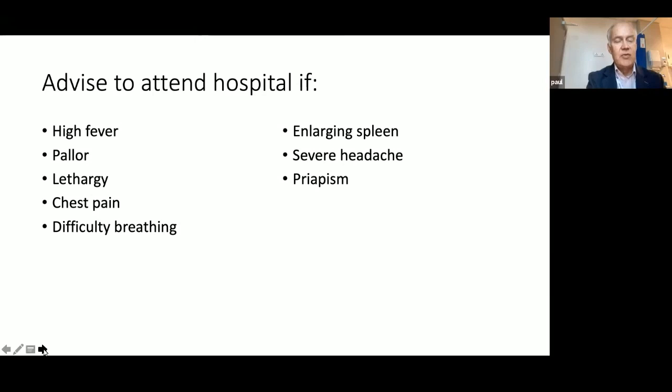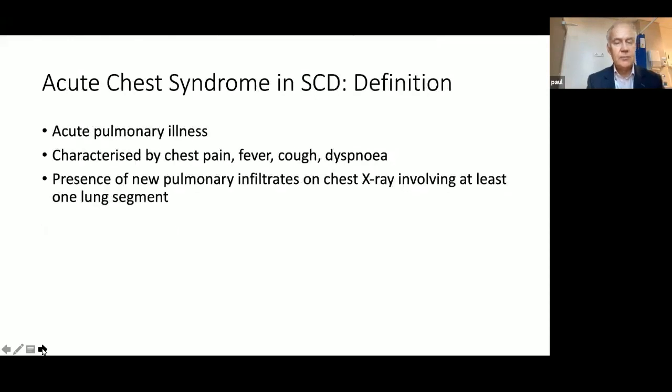These are some of the symptoms which indicate the need not to wait at home, but to go to the hospital where you receive your care as soon as possible for assessment and management. Because if you wait too long, and if some of these complications are not treated quickly, then the outcome can be more severe.